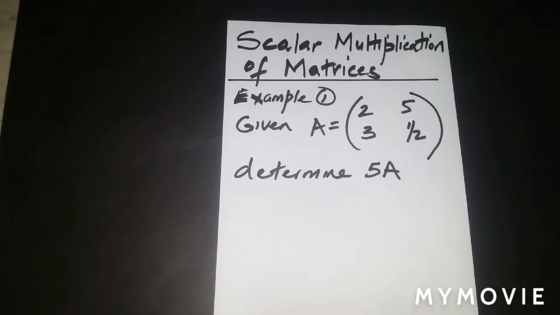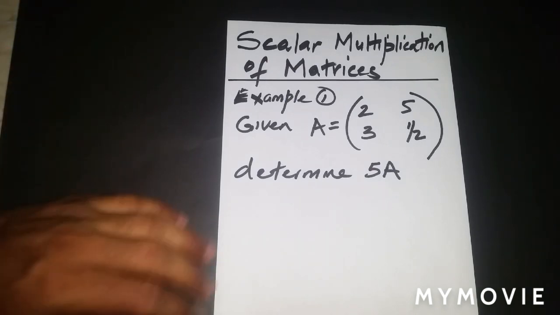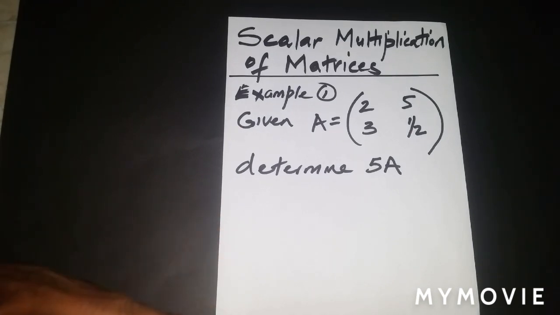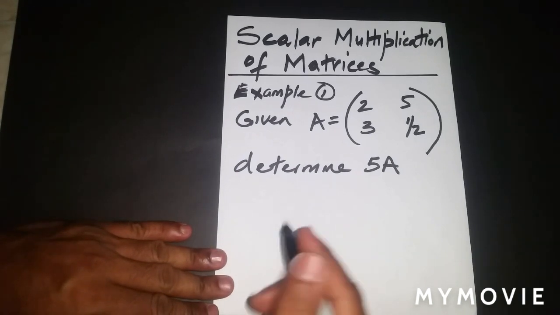Now, as we said before, a scalar multiplication of a matrix is simply multiplying a matrix by a number, and that is pretty straightforward. So all we're going to do here is simply multiply matrix A by 5. When that happens, every single element in that matrix is going to be multiplied by 5.